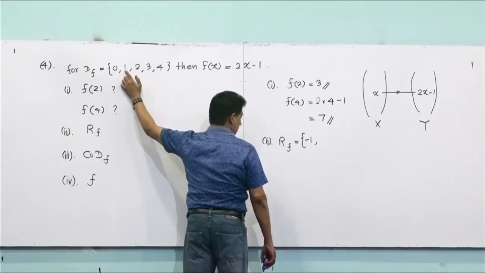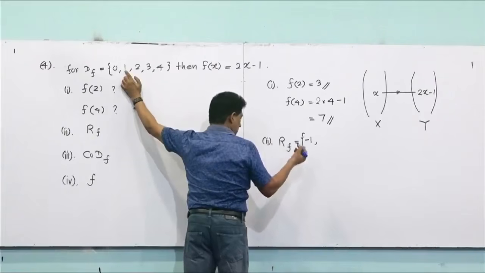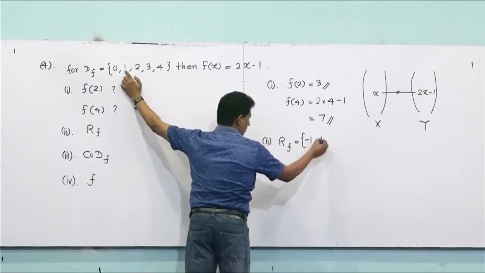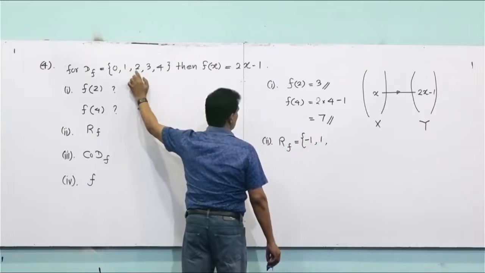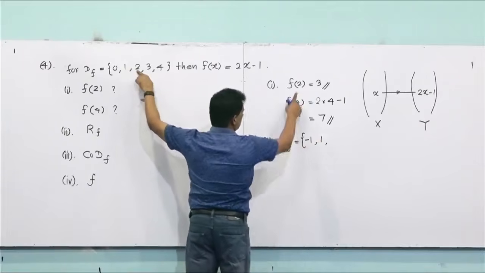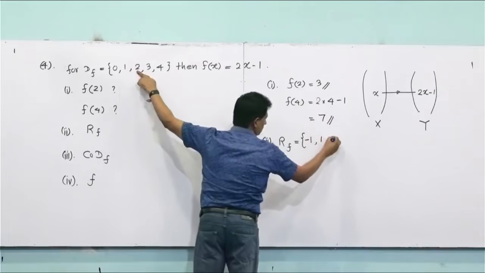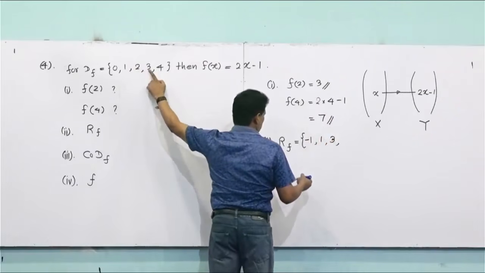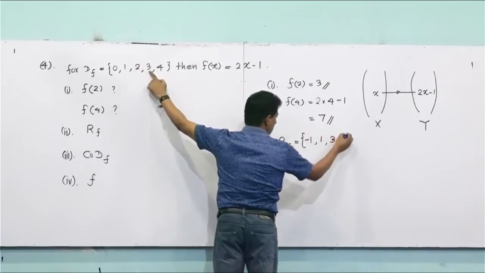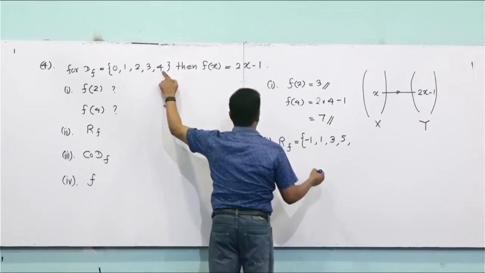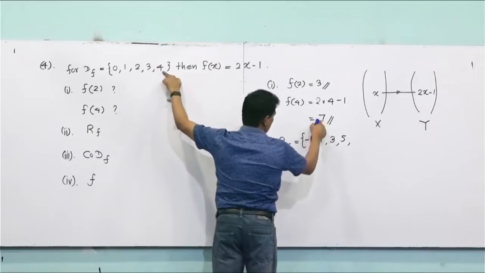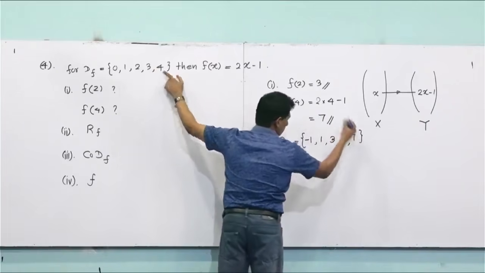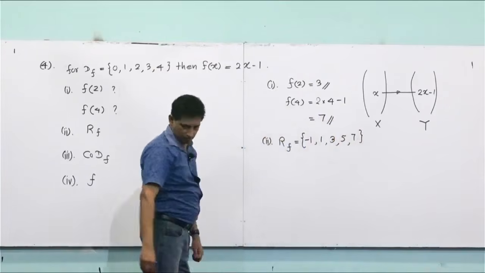Multiply by 2, then 2. Then subtract 1. 2 minus 1 means 1. Then what is the image of 2? We have found it, 3. What is the image of 3? You have to multiply this by 2, then 6. 6 minus 1 means 5. Then the image of 4, we have found it, 7. Okay. This is the RF.